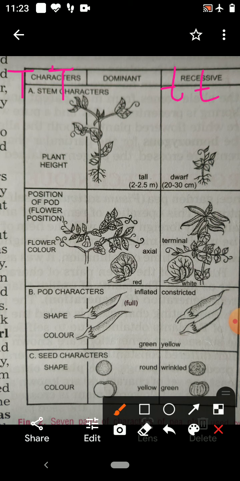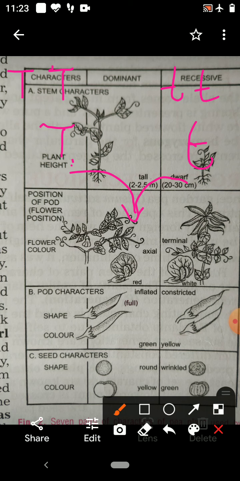When they produce gametes, it is represented as T. There is cross pollination, meaning pollen grains from the anther of pure tall are transferred to the stigma of pure dwarf. Then this is the cross pollination.